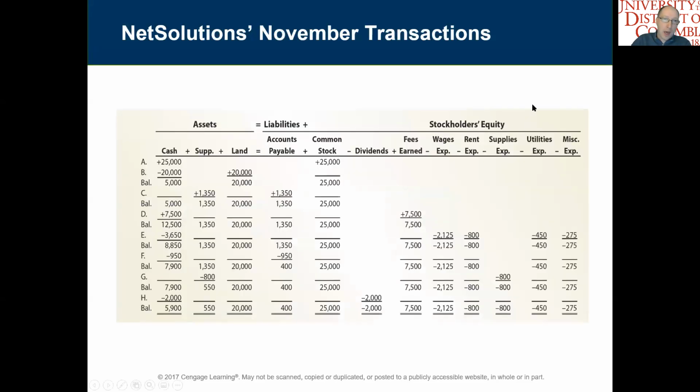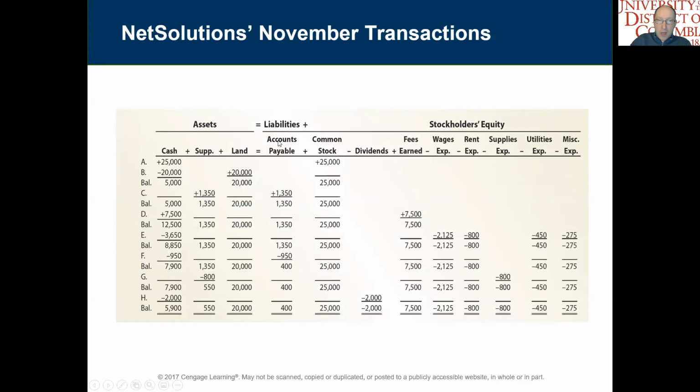Let's take a look at this example from NetSolutions. As you can see on the very top, we have assets equals liabilities plus equity, which is the accounting equation. Under assets, we have our common assets: cash, supplies, also known as inventory, and land.